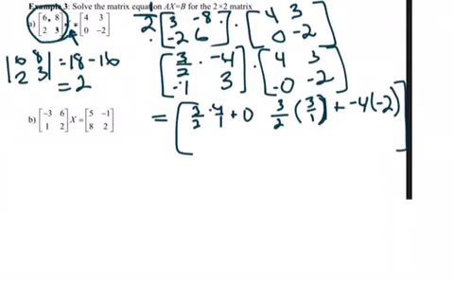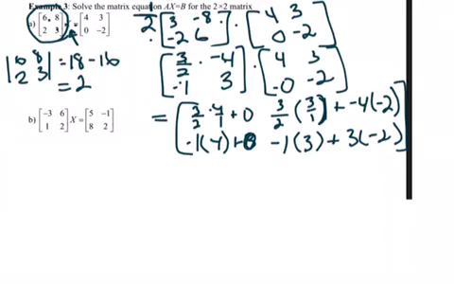Okay, and then bottom left is row 2, column 1, so that's negative 1 times 4 plus 0, because it's 3 times 0. And then negative 1 times 3 plus 3 times negative 2.